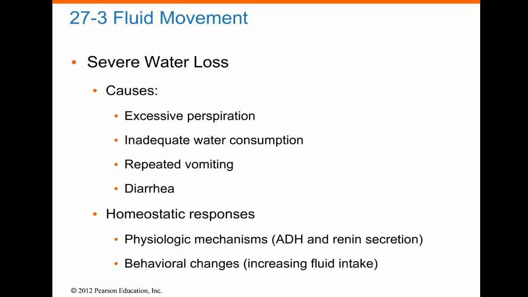Also, if a person has repeated vomiting, unable to keep even a tablespoon of water down, and also through diarrhea. So you can see that food poisoning is a large contributor to severe water losses.